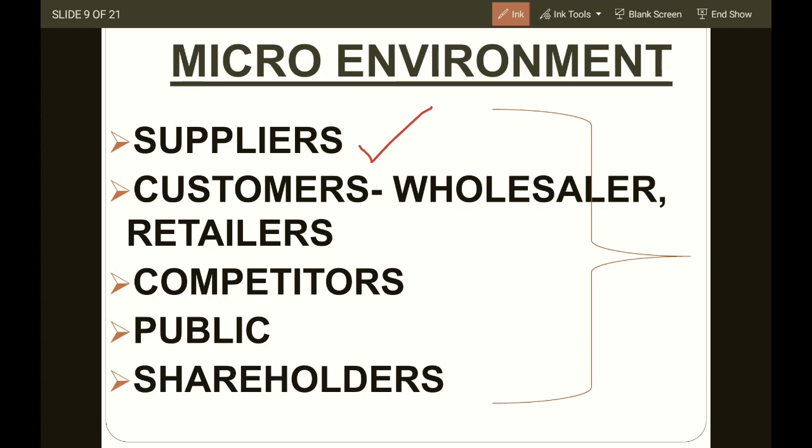A firm should have more than one supplier, very important. If a firm doesn't have more than one supplier, what will happen? If that one supplier doesn't supply you, or all of a sudden increases the price of raw material, your production will be hindered, or your product's price may increase, and the customers or consumers won't be able to purchase the product. So it's very important to analyze suppliers, how many suppliers you need to have.